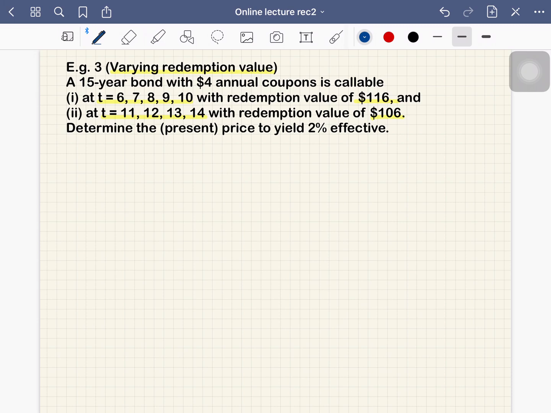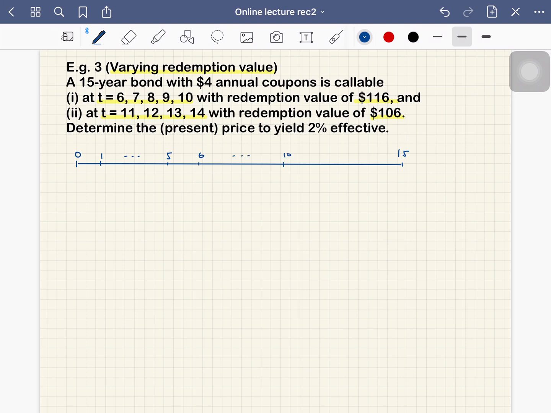So of course the bond may not be called, so it may be redeemed at 15. Okay, think about the time diagram. So the time diagram that we have is 0 to 15. And at 1 to 5, the bond cannot be redeemed.